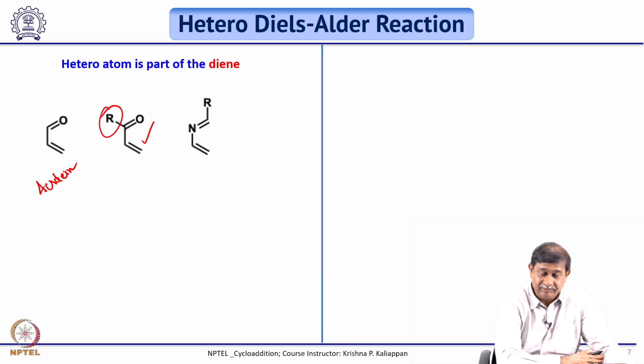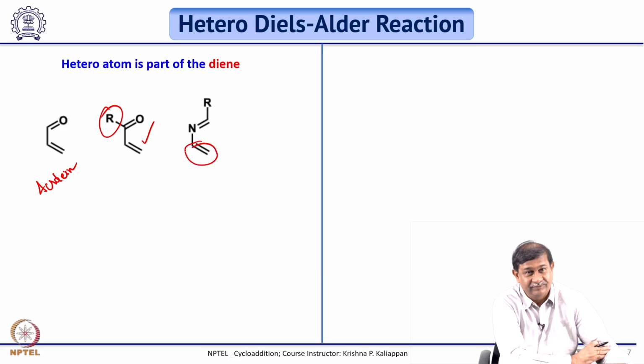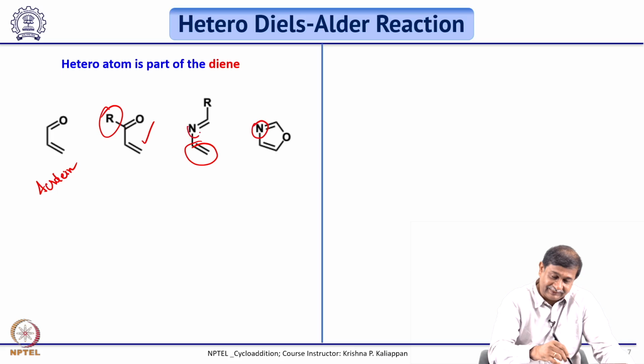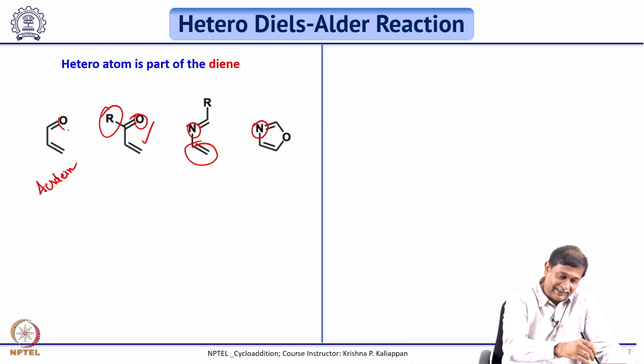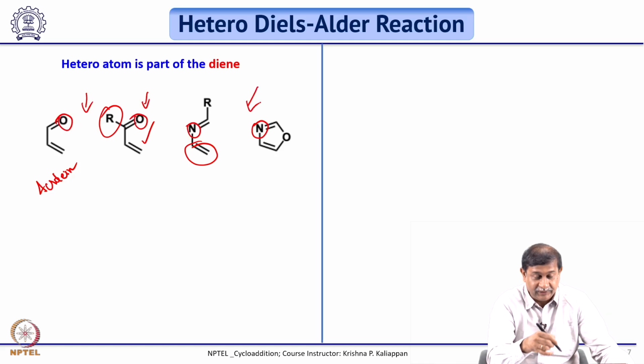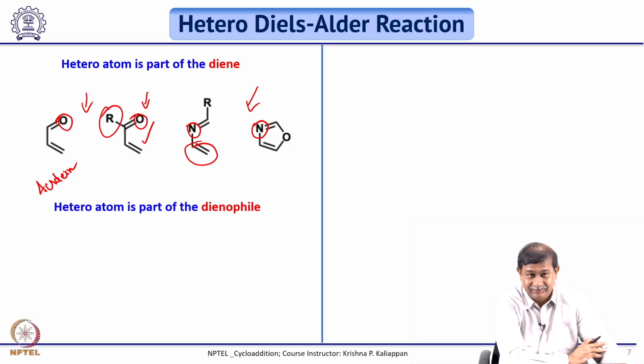Then you have imine, the imine attached to a double bond. So, this is called azadiene. This is also used successfully in hetero Diels-Alder reaction. In all these cases, you have a heteroatom. In the first 2 cases, you have oxygen atom. In the next 2 cases, you have nitrogen atom as part of the diene.